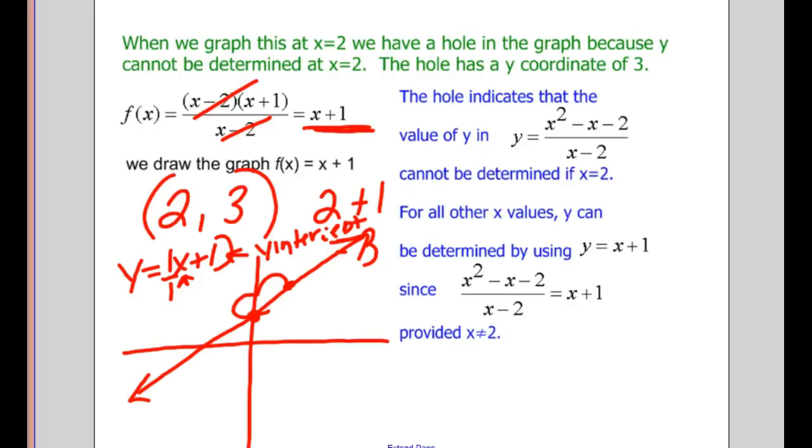Now it's important that we put our hole in, because we cannot have our picture jump spots at 2, 3. So if we go 2 over and 1, 2, 3 up, it's a little bit off in my picture, but this is what a hole would look like on this graph.